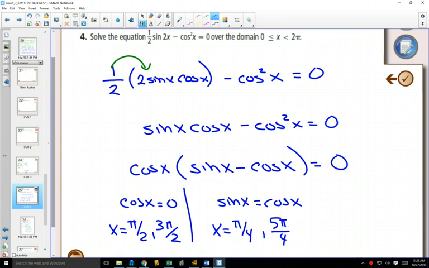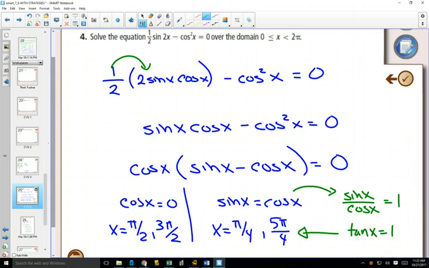Okay? In this case as well, another way that you could solve this, if I divide both sides by cos x, and I know we talked about not dividing just today, I would get sine x over cos x equals 1. What does sine x over cos x equal to? Tan x. So where is tan x equal to 1?